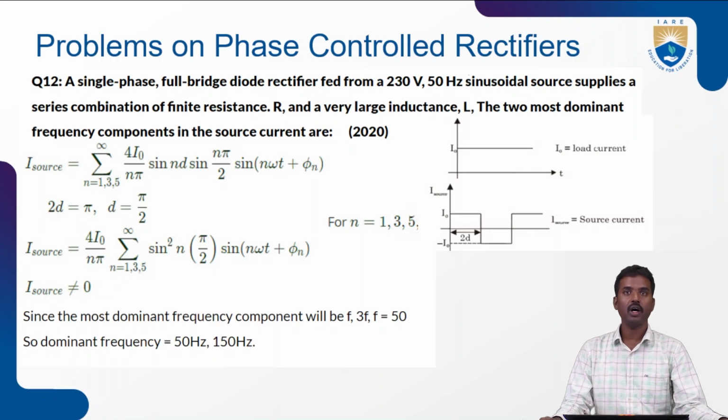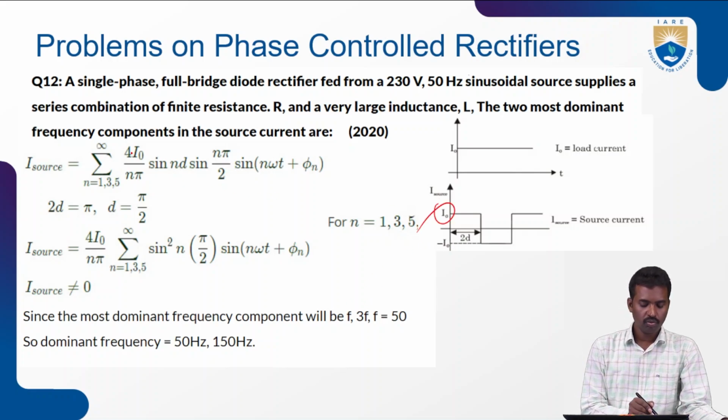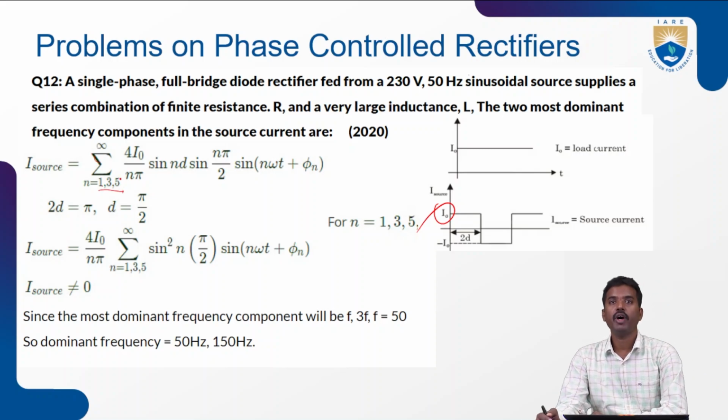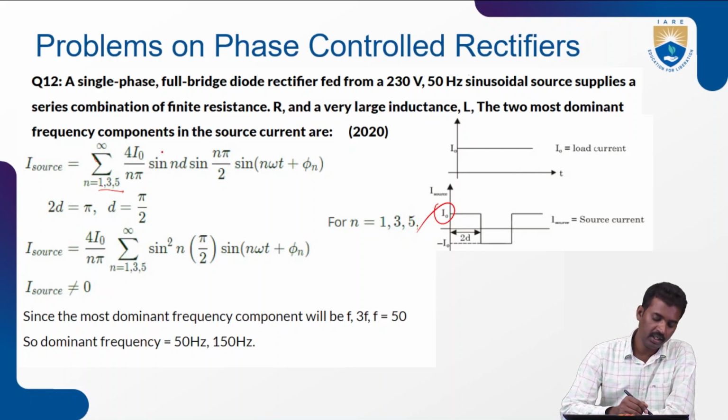So we have seen already this Fourier series expansion for this output current, that equals 4 sigma n equals 1, 3, 5 to infinity, 4 I naught by n pi, sin nd.